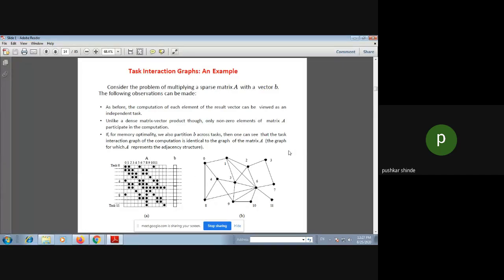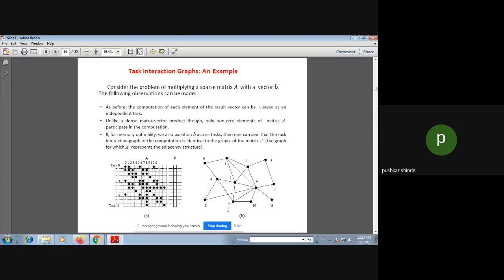So it had a task interaction graph shown in figure B. See, each node in the task interaction graph is a task. You can easily see that row-wise, tasks have been assigned for the matrix. So task 0 is represented by node 0, task 1 by node 1, and so on.